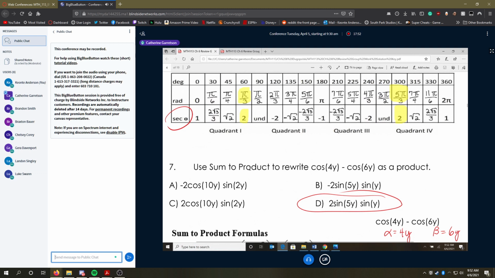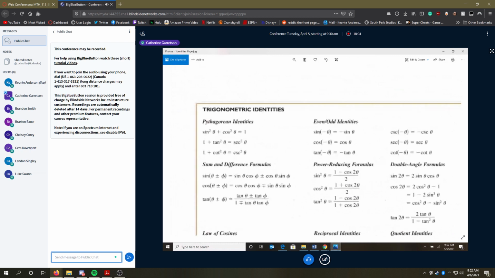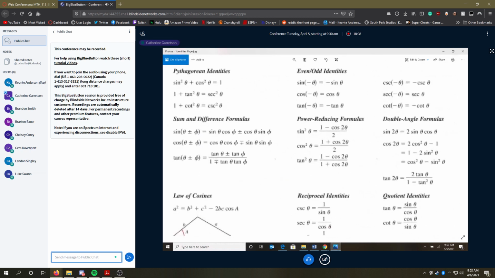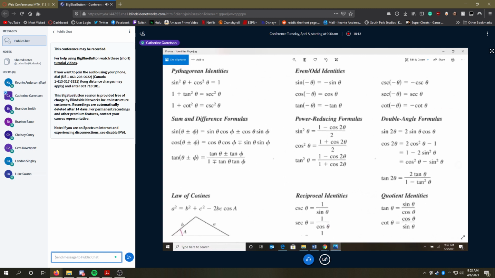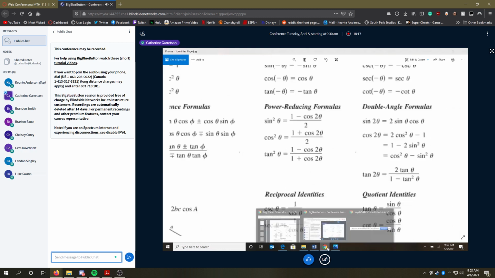So sum to product means to multiply. So we're going to have them where they multiply together. I'm looking for sum to product. Did it show up on this identity page? Nope, I don't see it on this page. So I'm going to go to the other one.